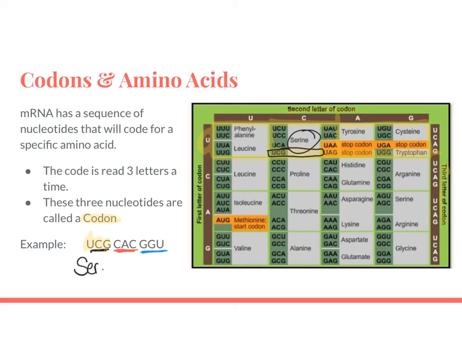So for our second one, we have C-A-C. So I'm going to start by going C. All right, I know I'm in this row, C-A. Now I know I'm in this box.